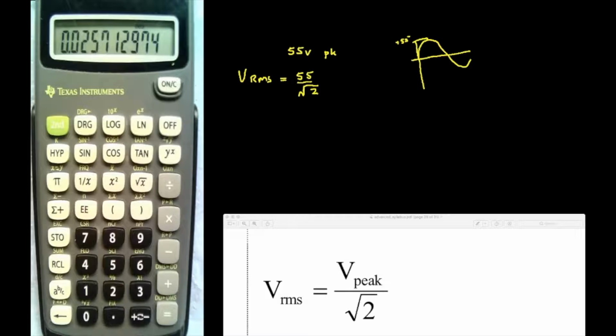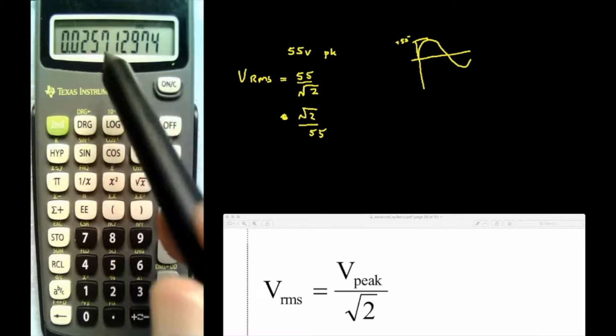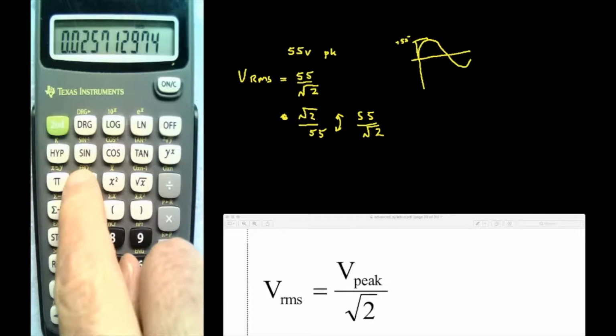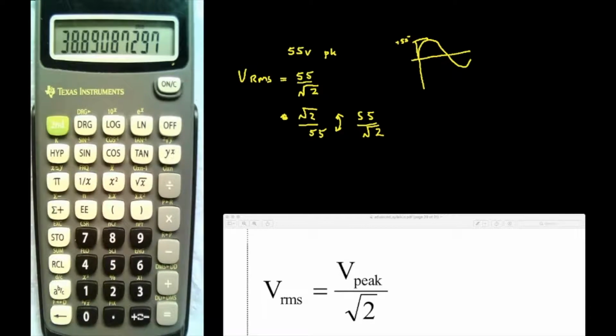Now I've got it upside down. I've done root 2 over 55, and I have an answer which is 0.025 on the screen. I now can flip that the other way up to get 55 over root 2 by pressing the reciprocal button. And I get the answer, 38.